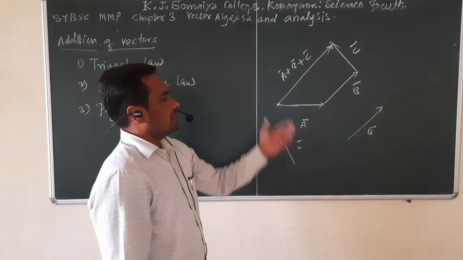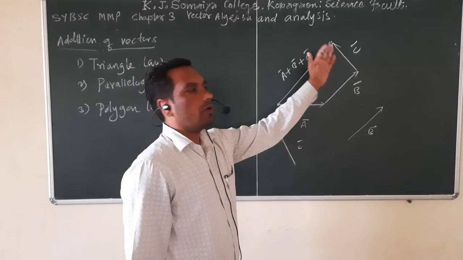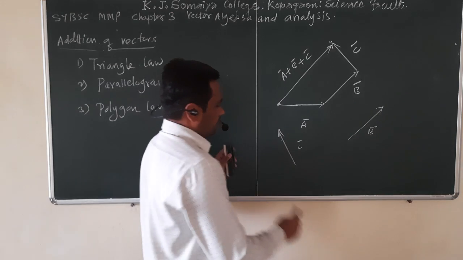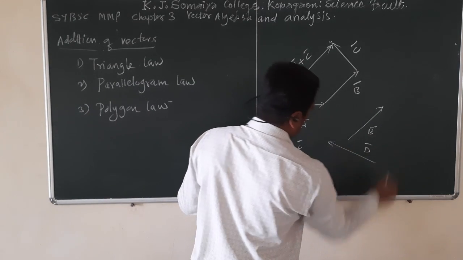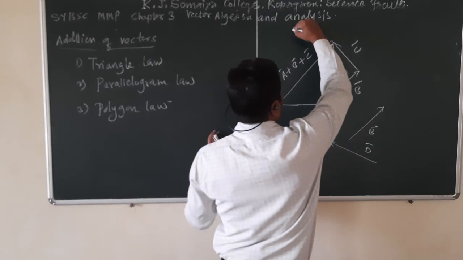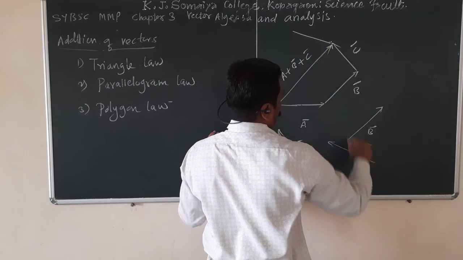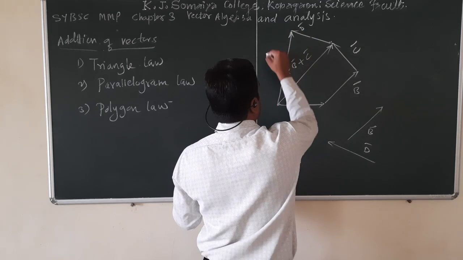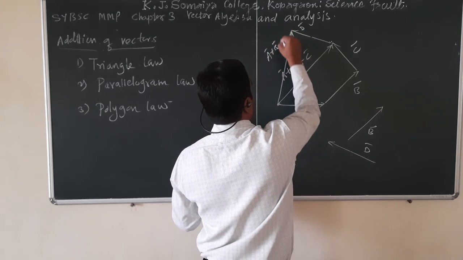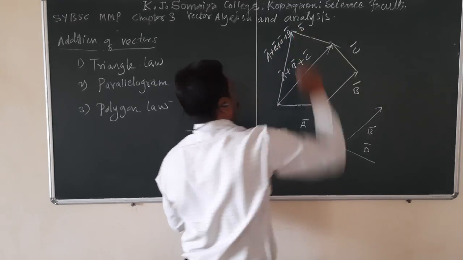Okay, so in this way we can use the polygon law. If we have another vector, vector d, which is like this, then for using the polygon law, take vector d and project it over here. Now this is vector a plus b plus c plus vector d.